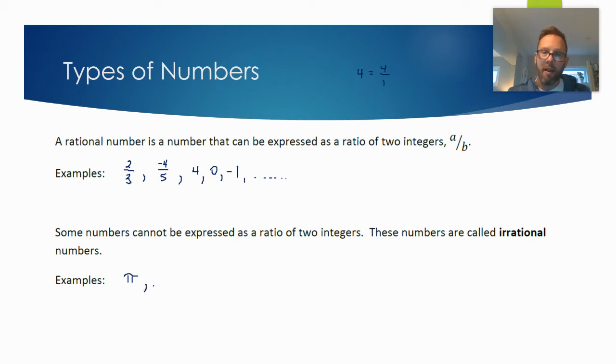And something we'll see today is things like the square root of 2. That can't be written as one number over another, and even something like the third root of 2 also. So we have rational numbers, and we have irrational numbers.